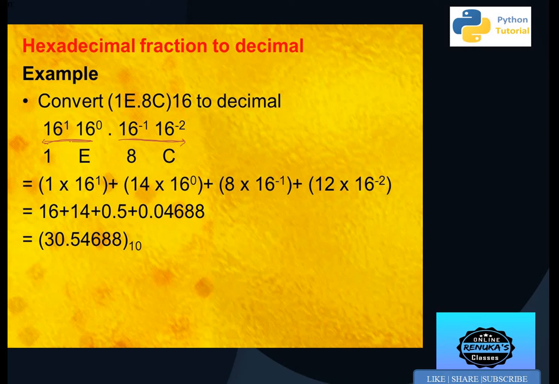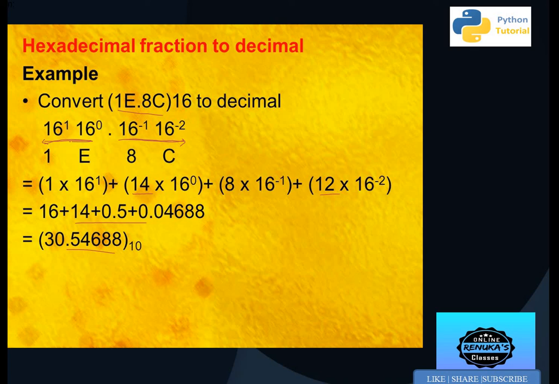So after multiplying these with the given digits, i.e. 8C, we will get the result. E stands for 14, C stands for 12. While multiplying, we will take the exact values for A, B, C in hexadecimal, and after solving we will get the result, and this is the decimal equivalent of hexadecimal.